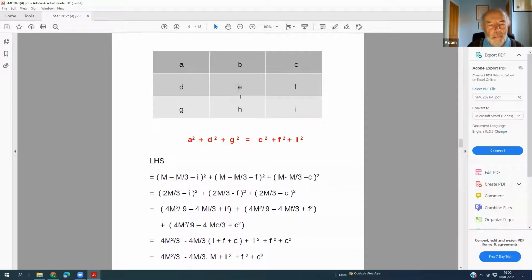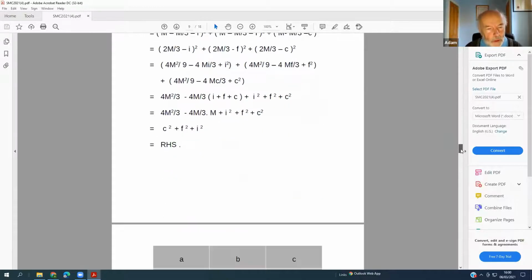And you do the same for D versus F, using the row, and for G versus C, using the diagonal. We substitute for each of the things here in terms of things over here using the fact that E equals M over 3. And now we have to do a wee bit of algebra here.